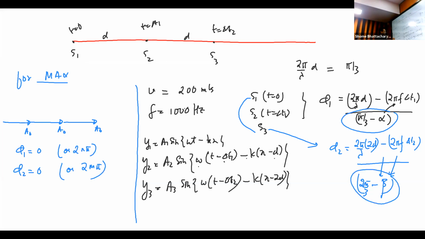The condition for this to become 0 is that alpha should be equal to pi by 3. So 2 pi f into delta t1 should be equal to pi by 3. So you will get delta t1 as 1 upon 6f.